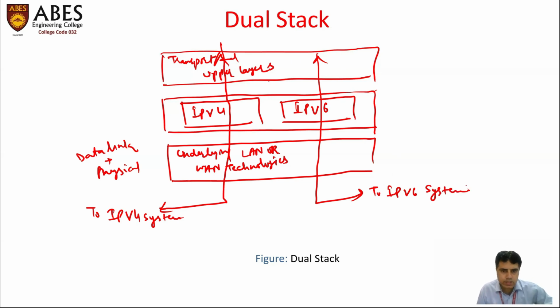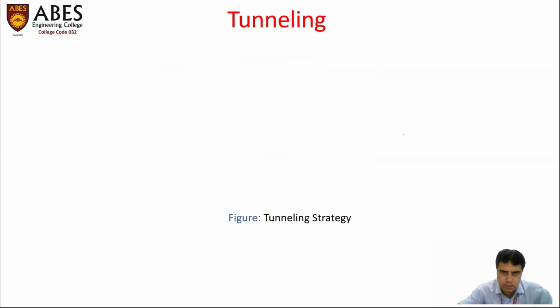It is recommended that all hosts, before migrating completely to version 6, have a dual stack of protocols. In other words, a station must run IPv4 and IPv6 simultaneously until all the internet users use IPv6. So this is the dual stack.